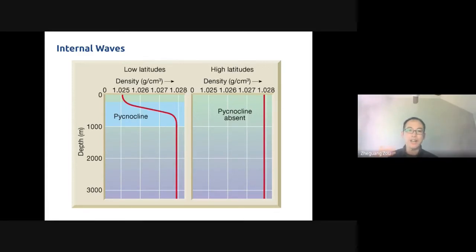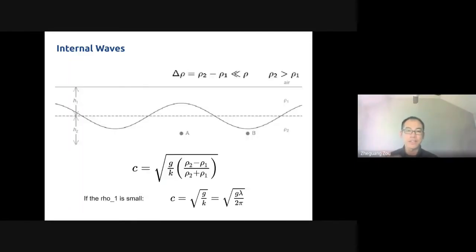But basically, the idea for internal waves is just the stratification in the ocean, or the different layering of the ocean. We can have waves propagate for different layers. So this gives you another view of the internal wave. Think about a more simplified model or scenario here.